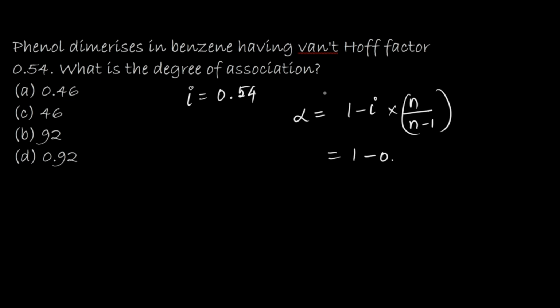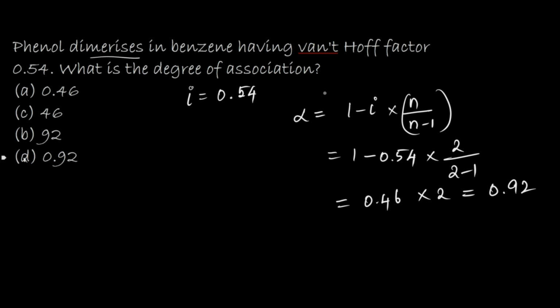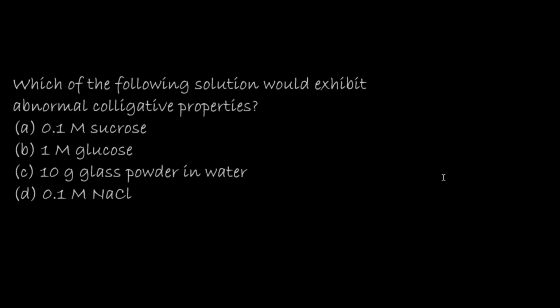So 1 minus i, just substitute the i value over here, and n becomes 2 because phenol is doing the association. So n value dimerizes as mentioned. So 2 minus 1, which becomes 0.46 into 2, which is 0.92. So option D is the right answer to this question.